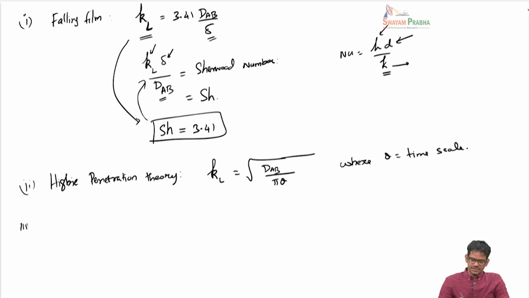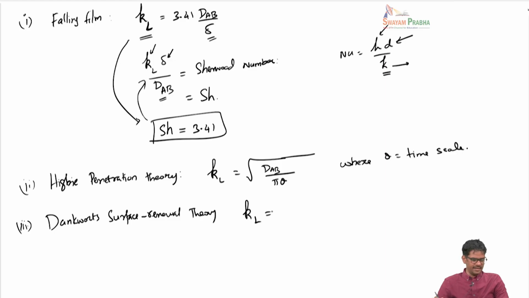Or we have Danckwerts' surface renewal theory, which predicts kL to be equal to square root of DAB times S, where S is called the rate of renewal of the fluid element, or renewal rate.